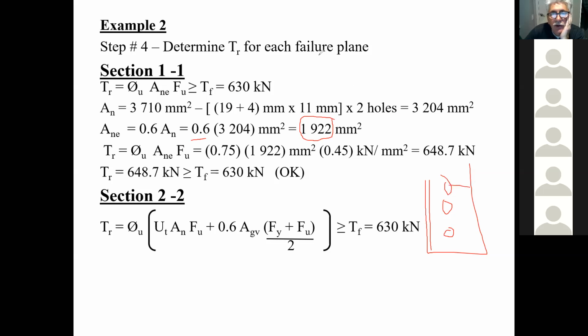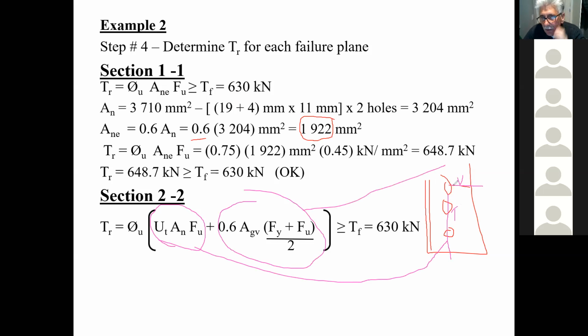We're saying that it's going to fail there, and it's going to fail across here. So here it's going to fail in shear, and here it's going to fail in tension. So this part of the equation takes care of this failure plane, and this part of the equation takes care of this. It's the other way around.